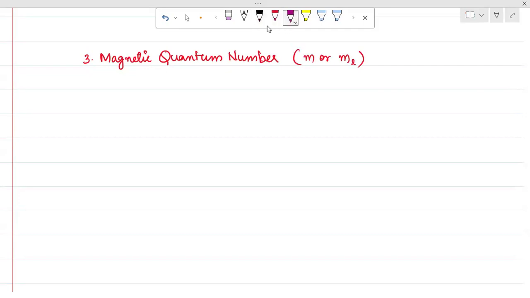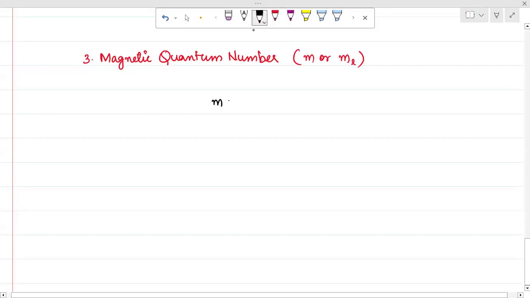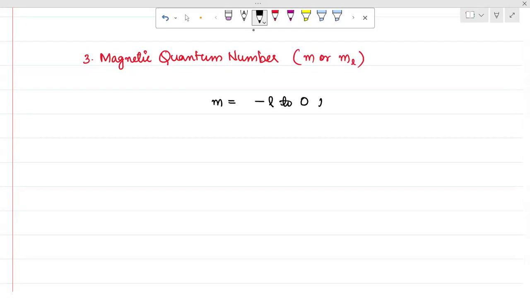And the value of M that you can have is anywhere between minus L to 0 to plus L. Okay, so till now N and L could not take negative values, but now you can have negative values as well, from minus L to plus L.